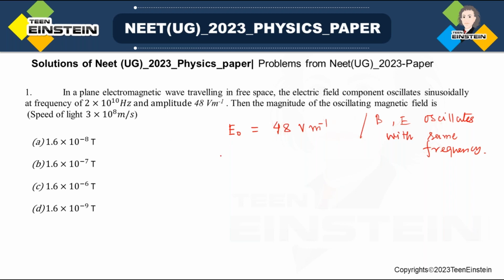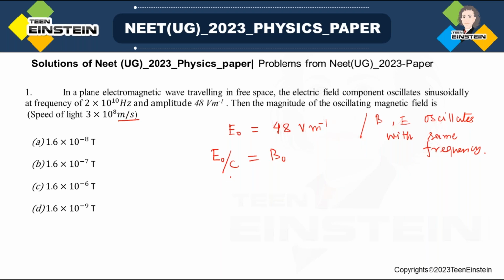So here what you need to remember is that E0 by C is equal to B0, where this is B0 amplitude. So C is the speed of light, which is given here, speed of light in vacuum.